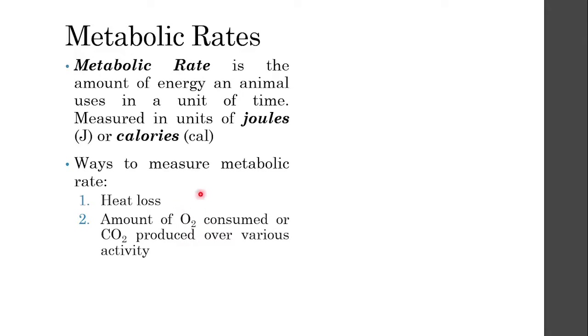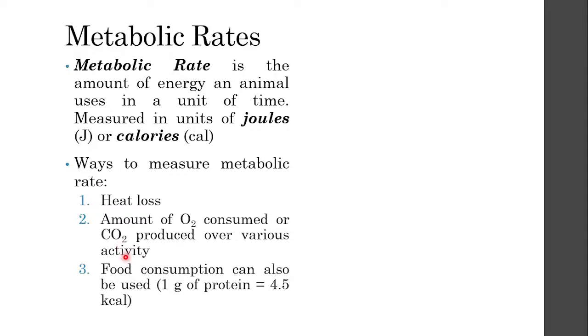So we can also stipulate how much energy we use using the amount of oxygen we consume, or we can use how much carbon dioxide we produce, because remember, the carbon dioxide we exhale is actually a byproduct of cellular respiration. I hope you guys remember that water and carbon dioxide are the byproducts of cellular respiration.